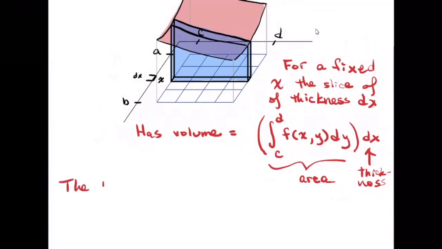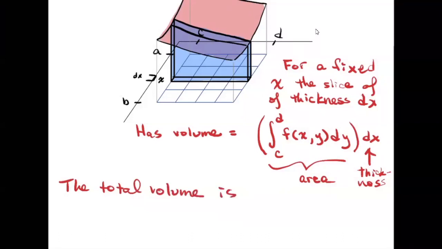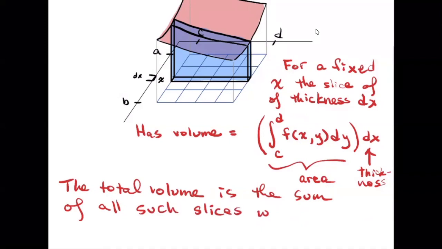The total volume is the sum of all such slices where x ranges from a to b.